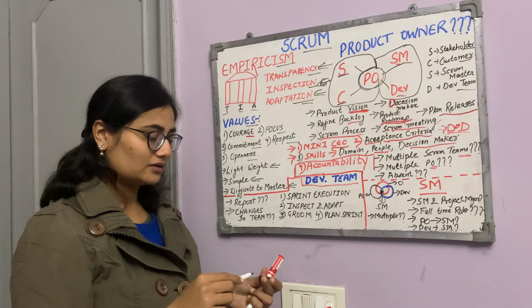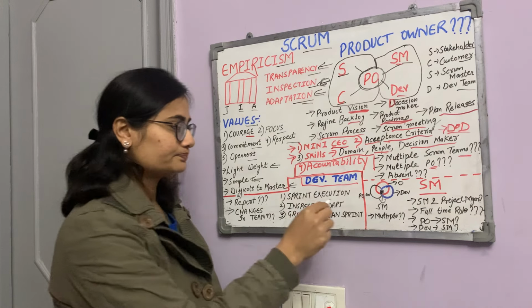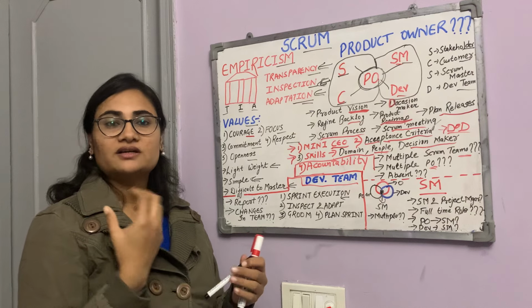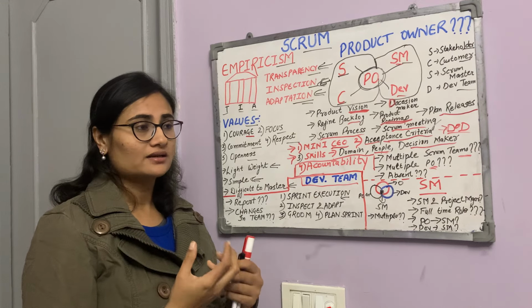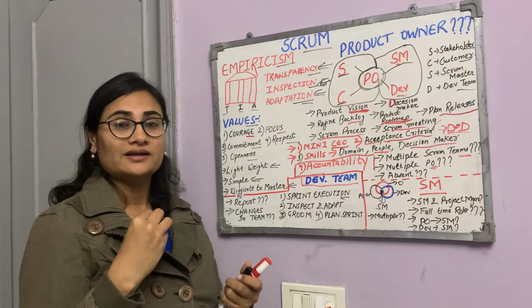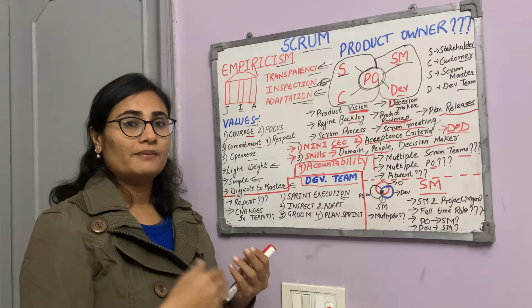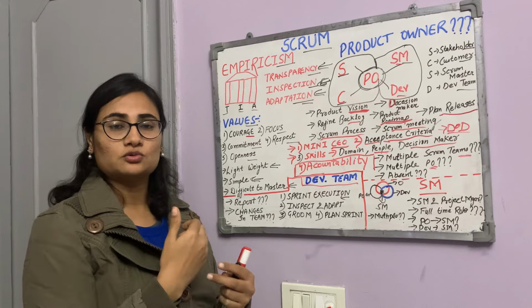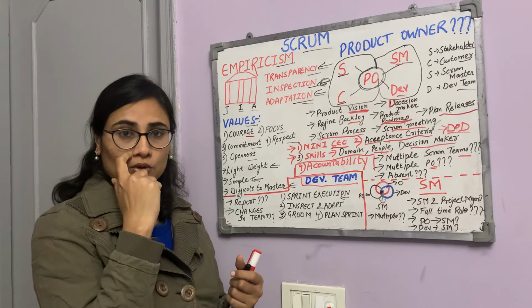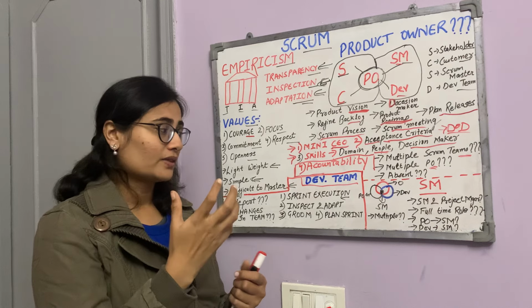Just understand these features and you will get to know what the development team looks like. So the role of a development team is in the execution. We know that after the planning meeting takes place, development team is the one who is going to execute that sprint by developing those user stories, those features which they have planned to deliver within a sprint.